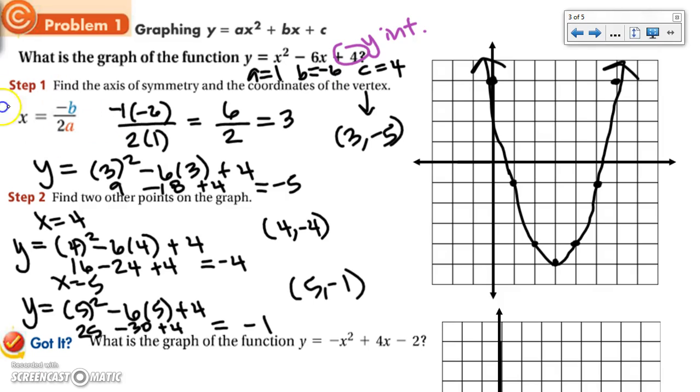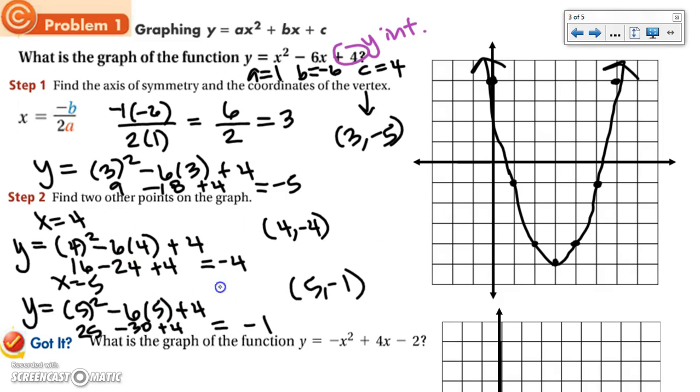So reiterating what we just did, having a b value here affected where my vertex was. So this is our special equation. It's called negative b over 2a. That gives you the x coordinate of your vertex. In this case, we got 3. I can plug that back in to get my y value of that. 3, negative 5 was my vertex. To find the next few points, I just pick the next x values that are around my vertex. So since x was 3 here, I picked 4 and 5.